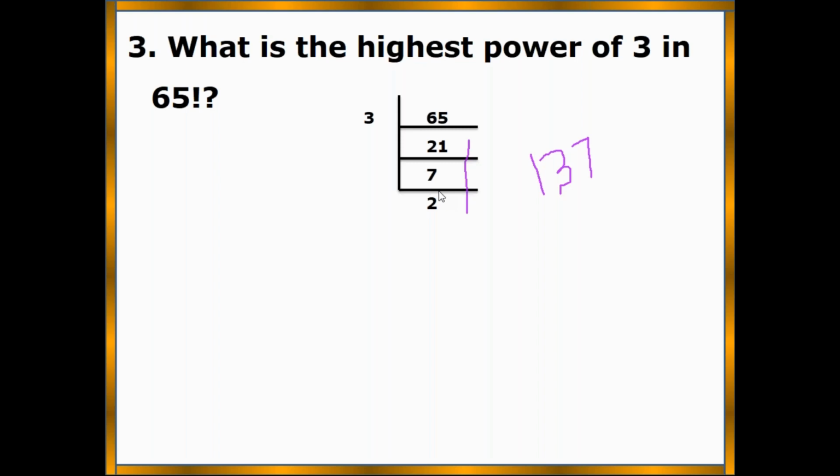Any doubt more to that? So any doubts? Yes, ma. 65 is not divisible by 3, so that is the reason only 21 times, ma. Remainder 2.